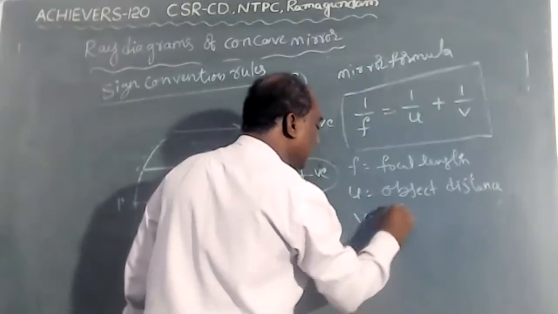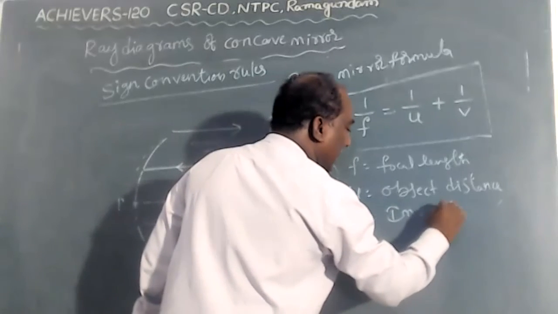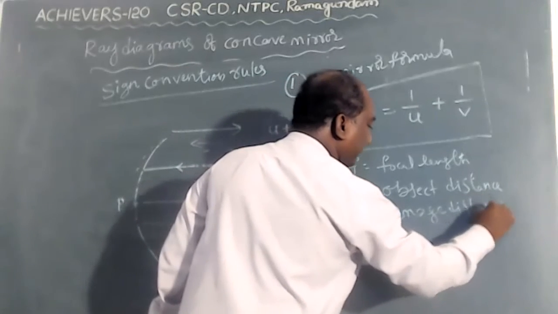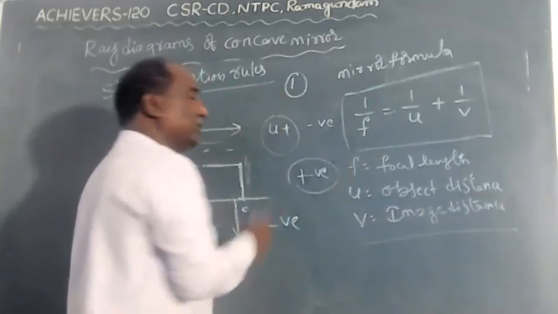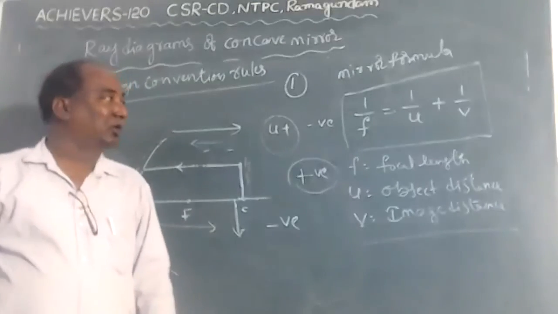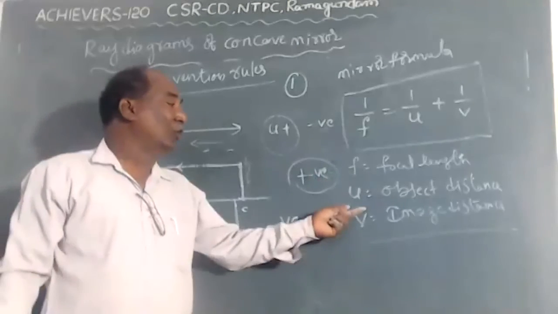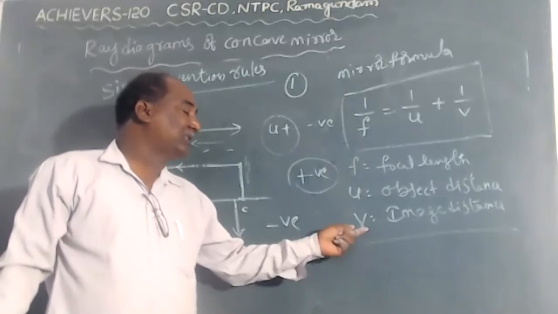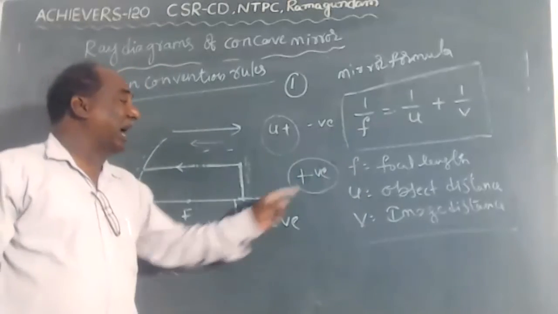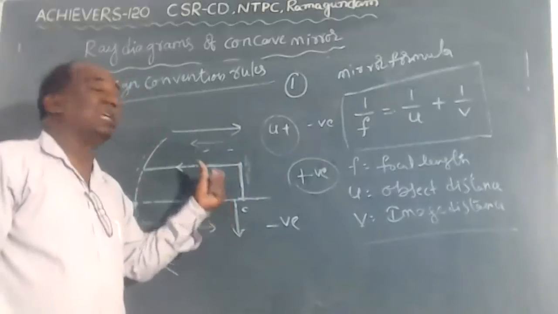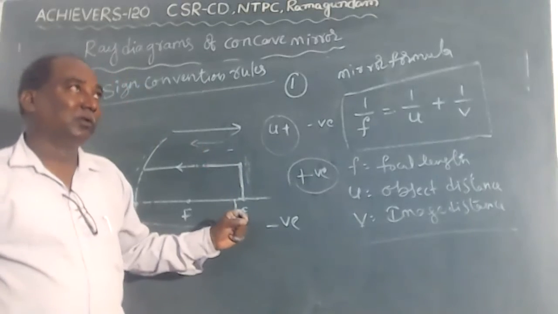V means image distance. So this is the mirror formula, children. 1 by f equals 1 by u plus 1 by v. Object distance is always negative.